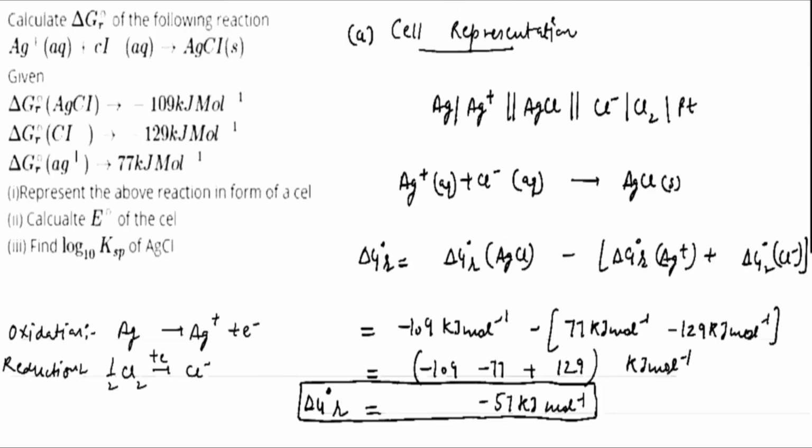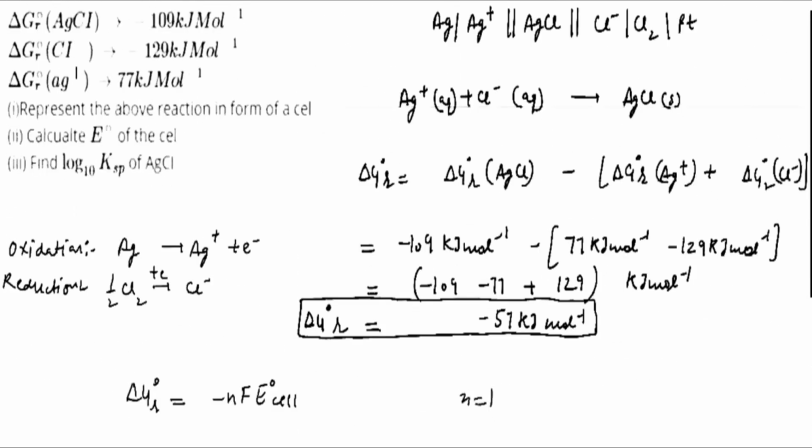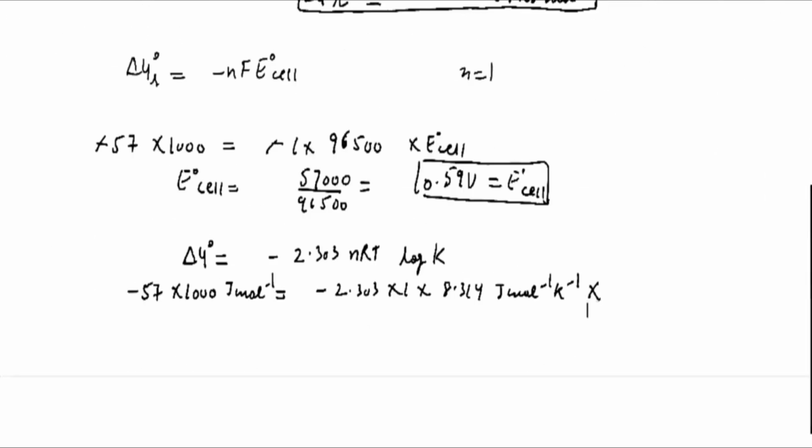We assume room temperature, 25 degrees Celsius, so 298 Kelvin, into log K. Kelvin cancels, and joule per mole cancels.